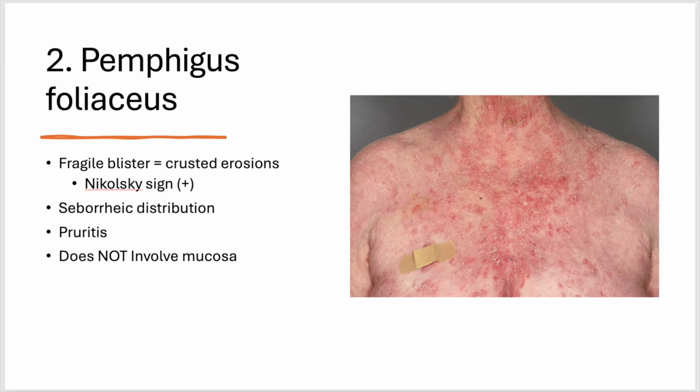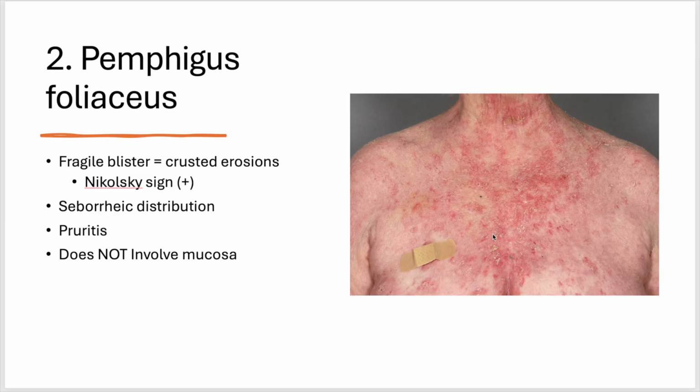Those patients usually have scaly red patches, such as here. It can look like seborrheic dermatitis or even eczema, which is why it can be misdiagnosed early. Itching is also very common, although not always the main complaint. The crusts and the erosions tend to be more bothersome for the patient.